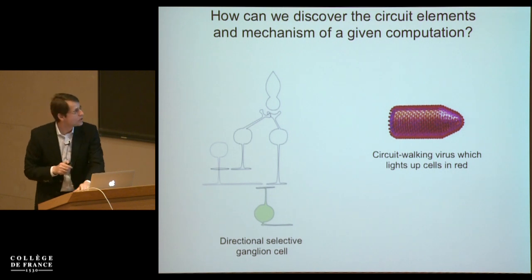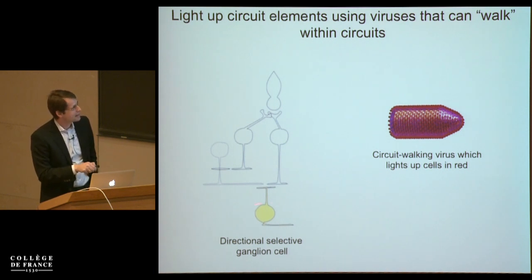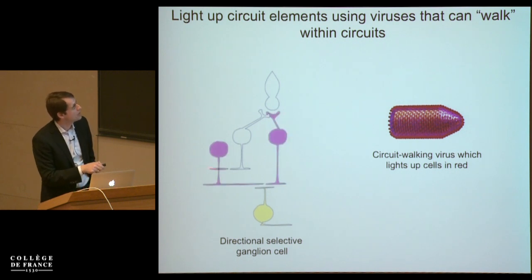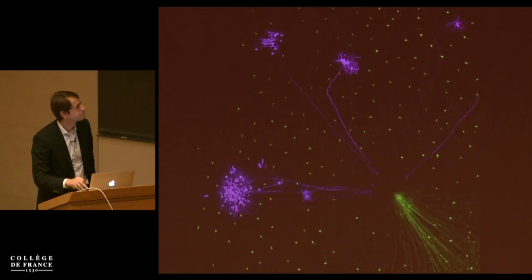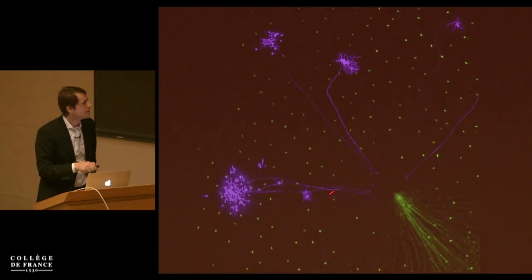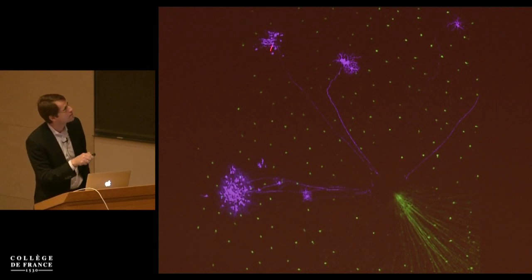Okay, so Keisuke Yonehara in my lab decided to simply use this virus, initiate from a single cell, and then label the ones talking to it and figure out who they are and what they do. This is this little virus now labeling a few ganglion cells in the retina.